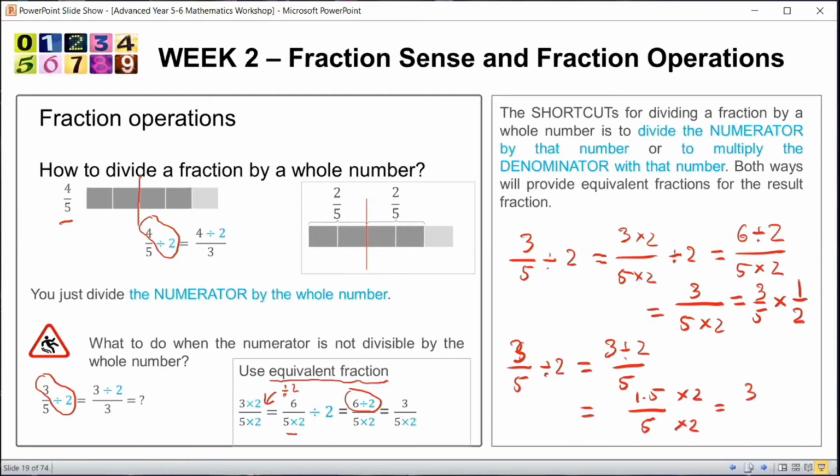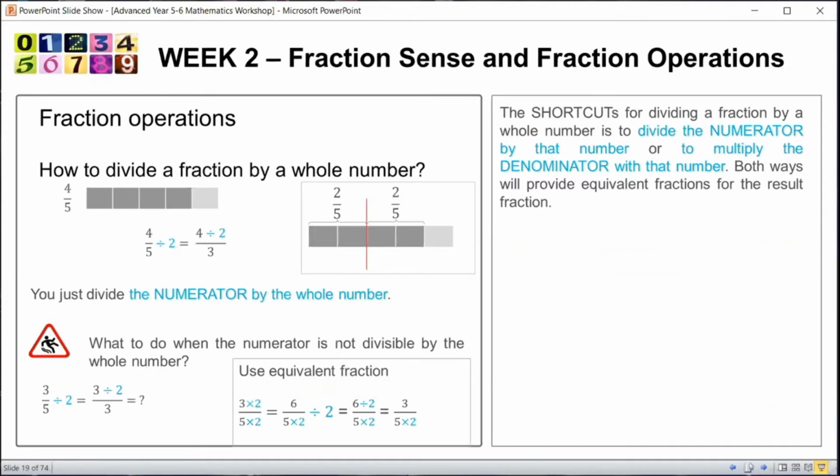So you end up with 3 over 5 times 2. So the same thing. You end up with exactly the same thing. You got into a decimal number, then you time 2, you get back to the number 3. So it works out to be the same anyway. So you can do it.